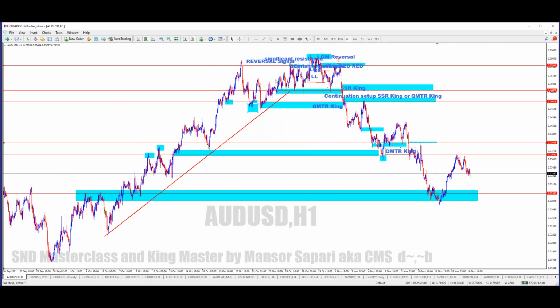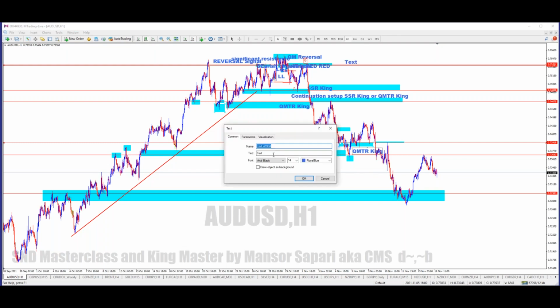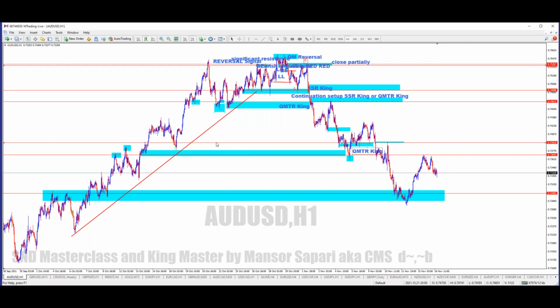Or maybe if you want to hold, what you have to do is enter over here with two levels, or maybe you can enter a bigger lot than 0.01, and then you close partially. You know how to close partially, right? You close half of the position.